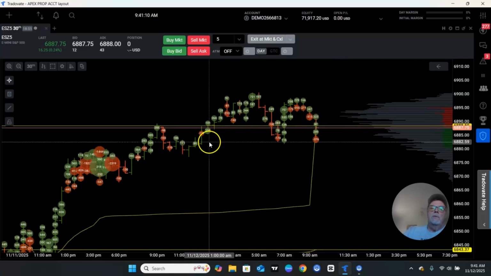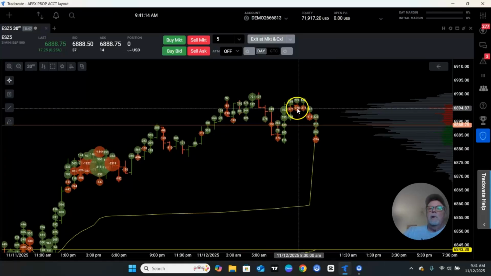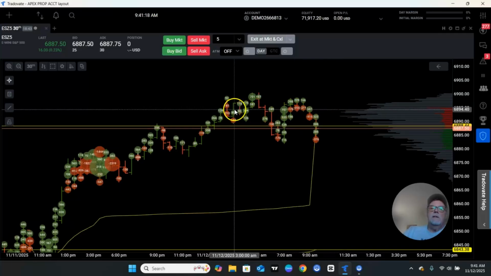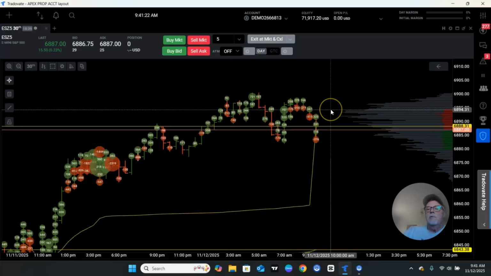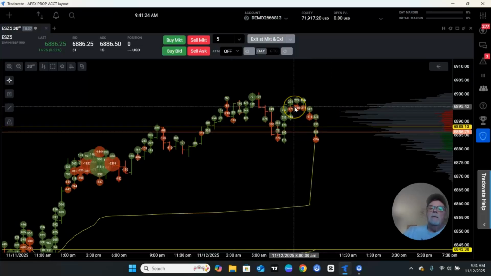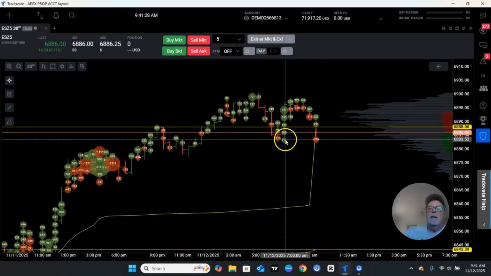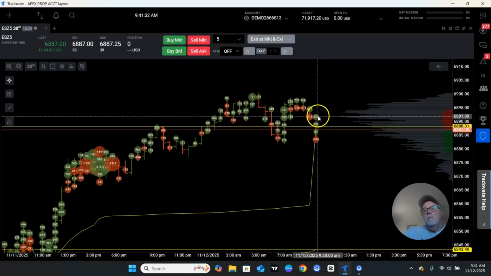In order for sellers to jump into the market, they don't want to pay too much more than right here. And you can see you got a pocket of sellers here, pocket of sellers here, trying to push the price down. They were somewhat successful, but then buyers stepped back in here, and buyers step back in over here to push the price higher.